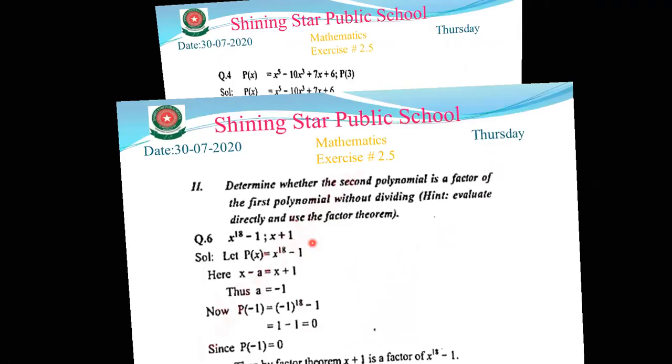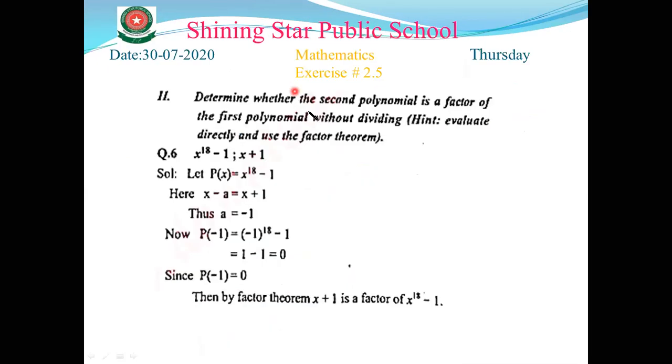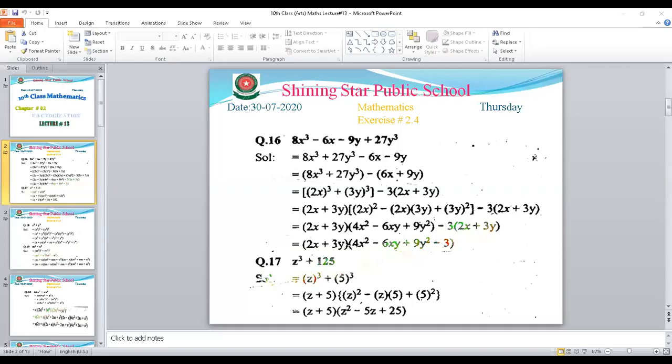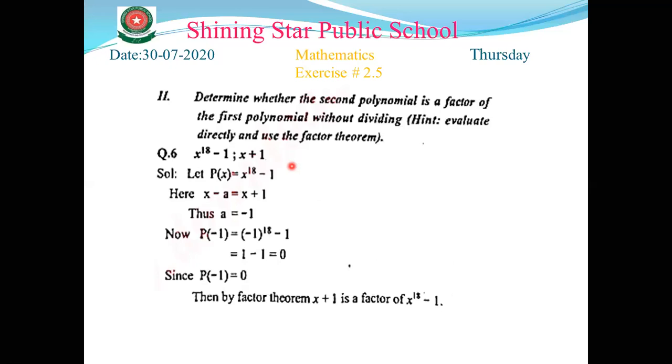Okay. Question number 2. Determine whether the second polynomial is a factor of the first polynomial without dividing. Okay. Now we have to check whether the second polynomial is a factor of the first polynomial. So very simple.